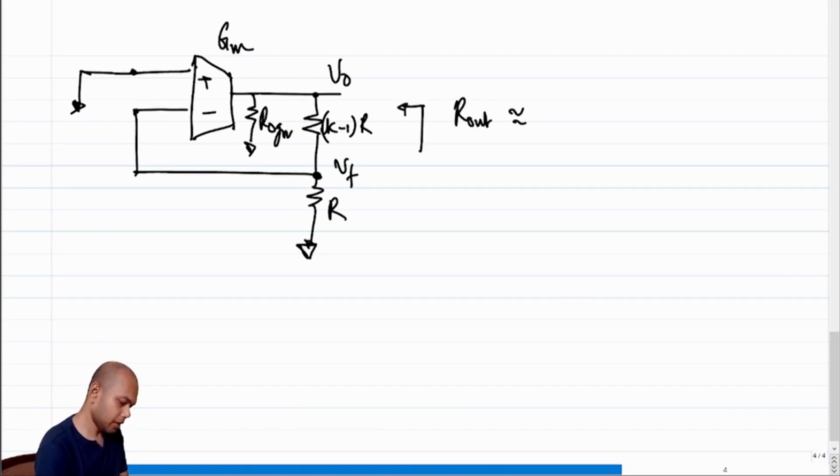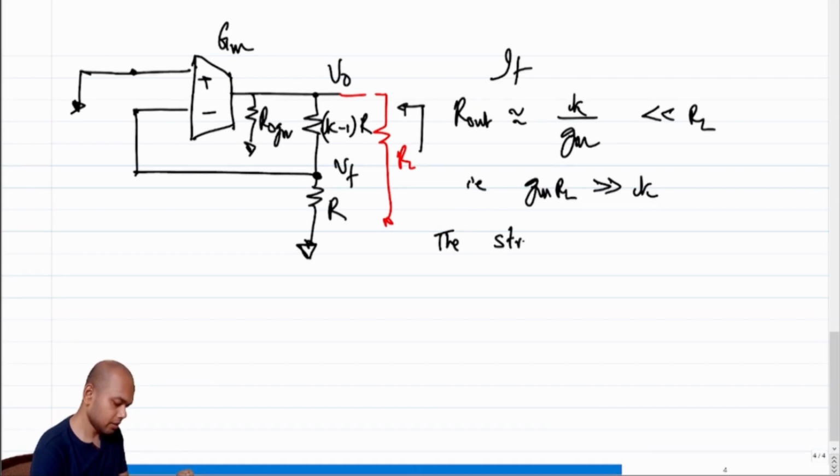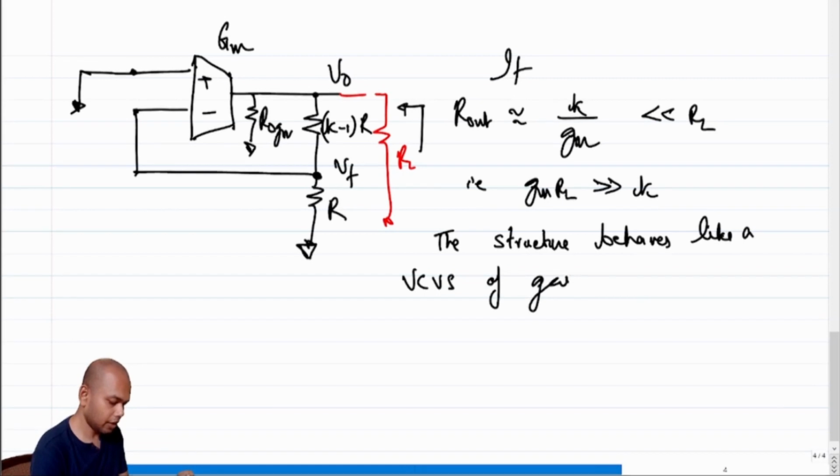R out becomes almost equal to K over GM, and as long as this is much less than RL, that is, as long as GM times RL, where RL is the resistance that I am planning to drive, is much greater than the intended gain K, the structure behaves like a VCVS of gain K.